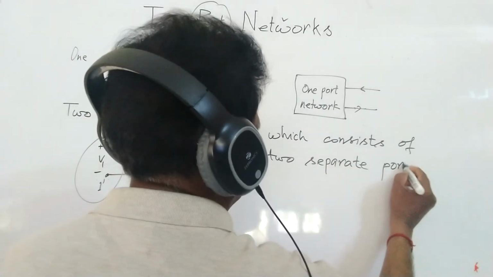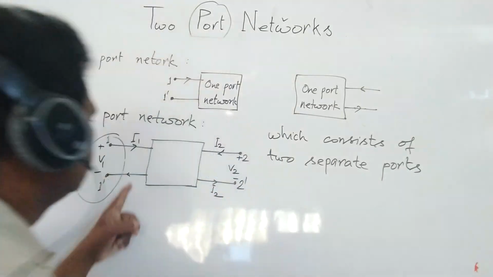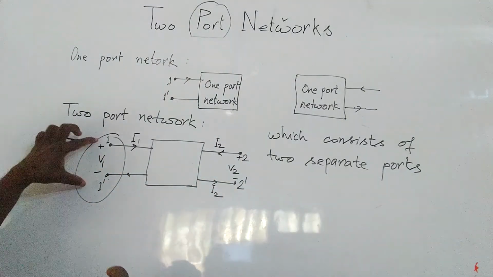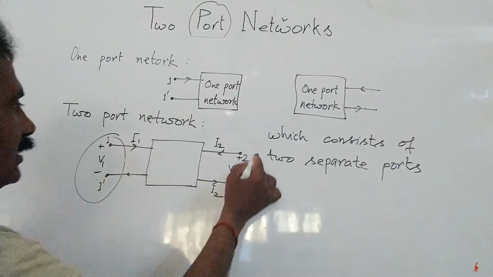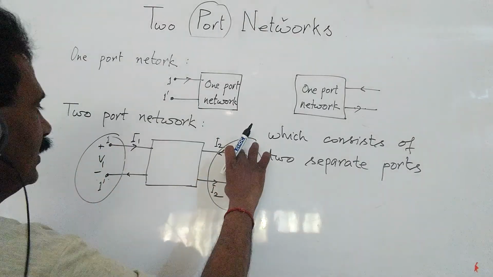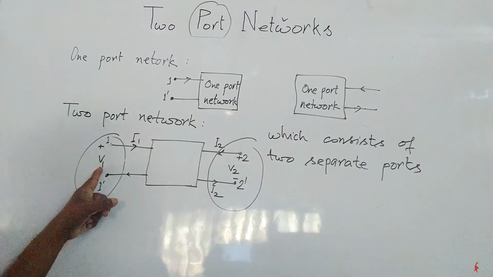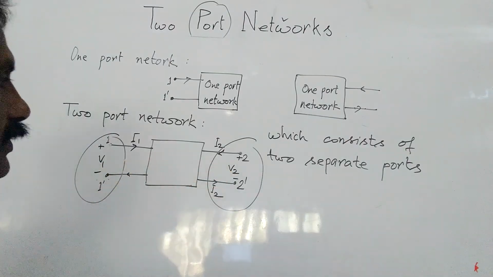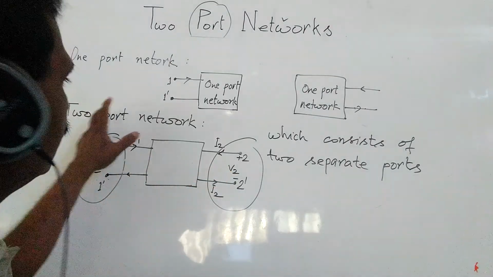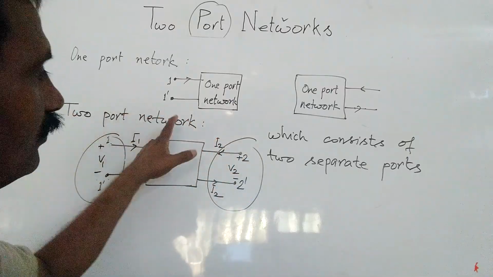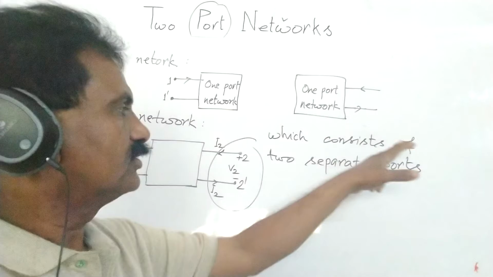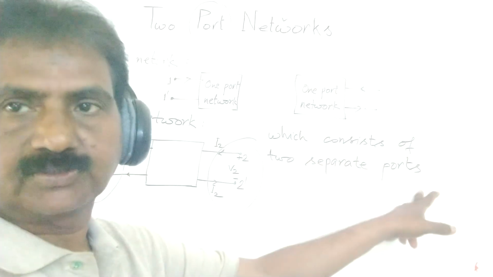This one is a port, and this one is another port. Two terminals, both are separate. Therefore, a two port network is the network which consists of two separate ports.